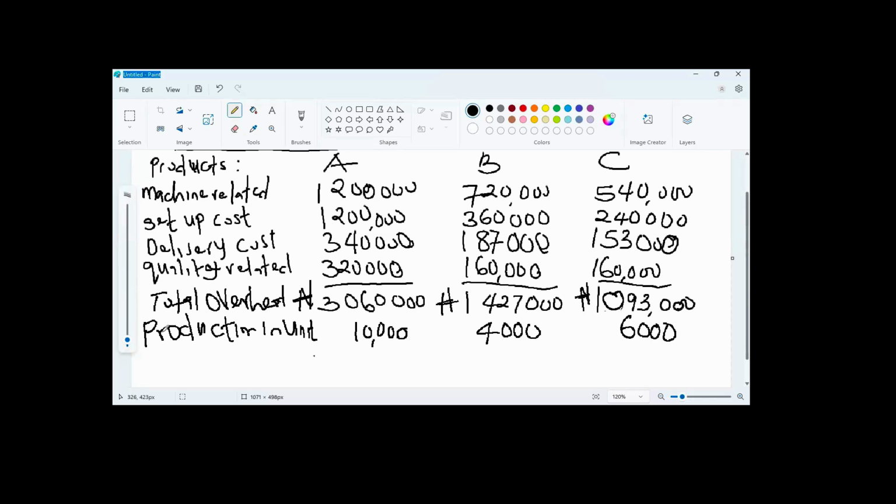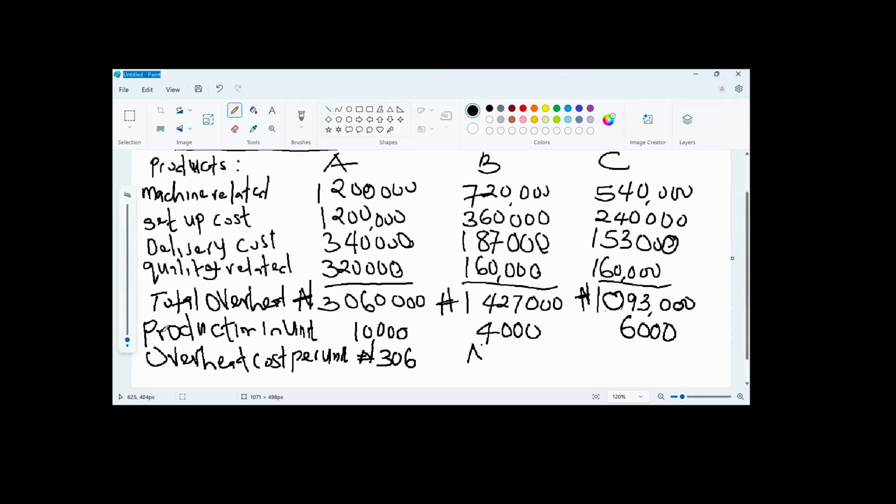You can now get overhead cost per unit. Total overhead, 3,060,000 divided by 10,000. Overhead cost per unit is 306.